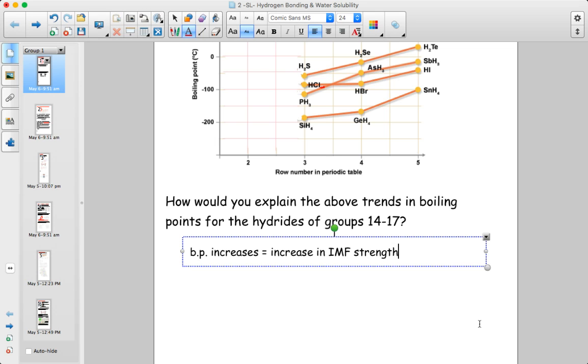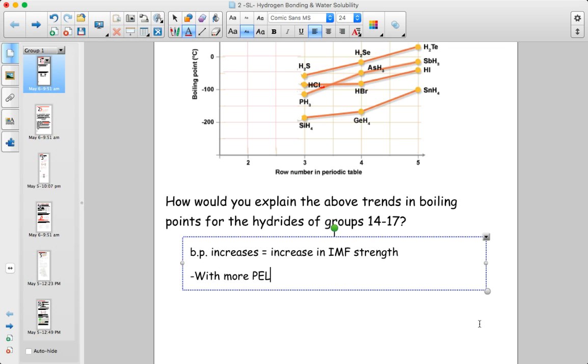So specifically for these, the main thing that's changing as we go further down rows in the periodic table is that with more principal energy levels with each row, we have greater atomic radii, so that the atoms are getting bigger.